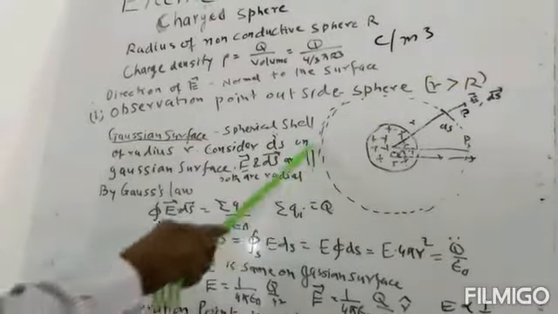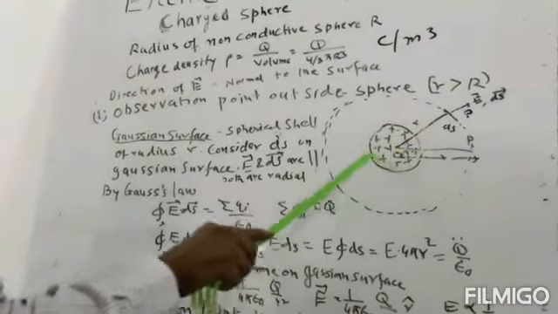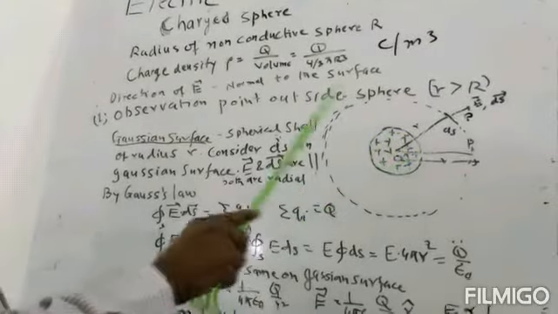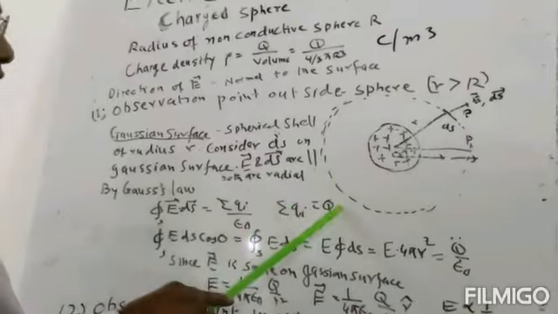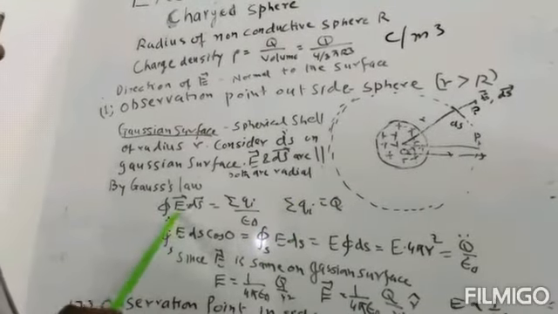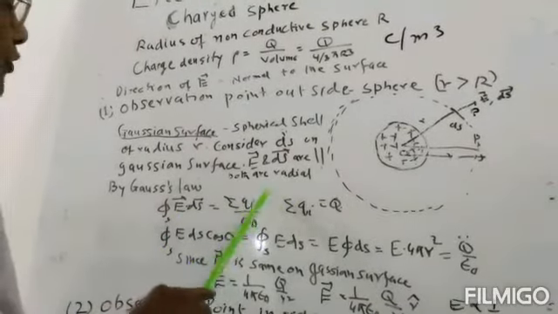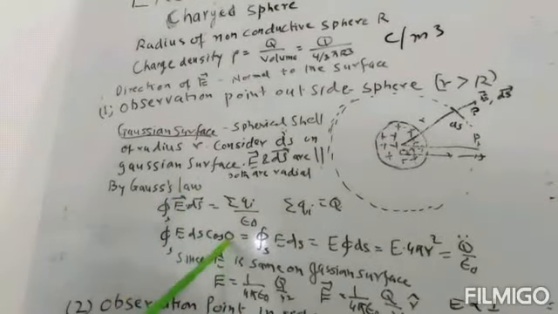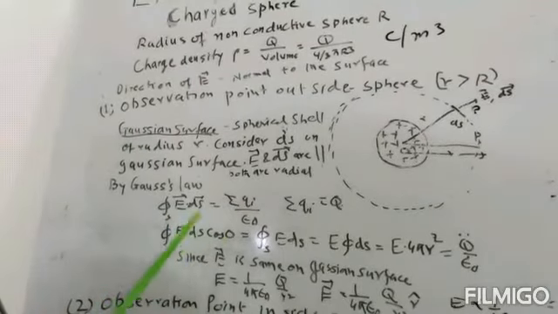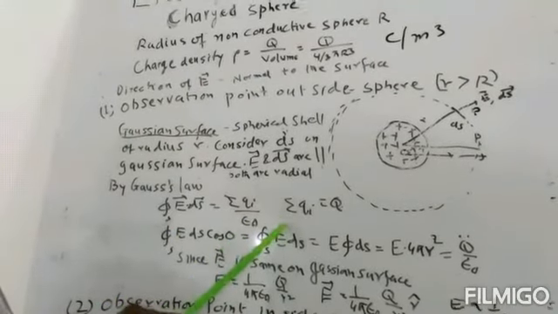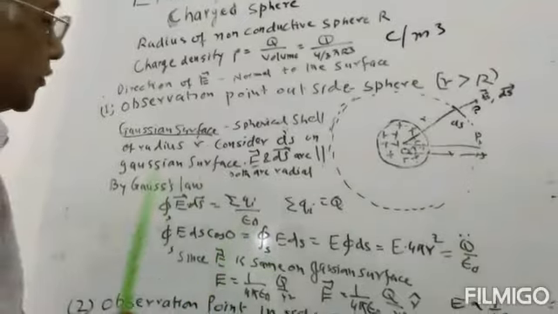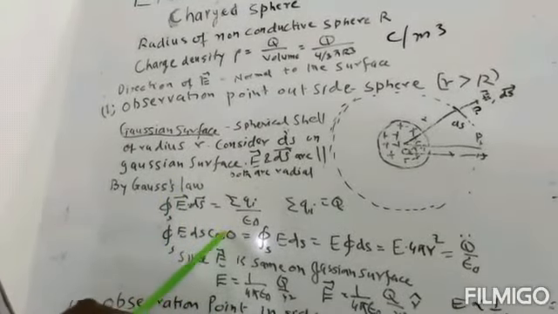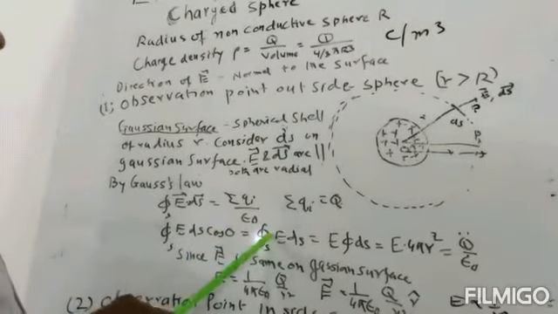Now in the Gaussian surface there will be total charge, which is the charge of the non-conducting sphere, so that is Q. So summation of Qi will be equal to Q. So E dot ds will be equal to Q by epsilon 0. Now the angle between E and ds is 0. So it will be E ds cos 0 equal to Q divided by epsilon 0. Since the angle is 0, cos 0 is equal to 1, so it will be equal to E into ds.